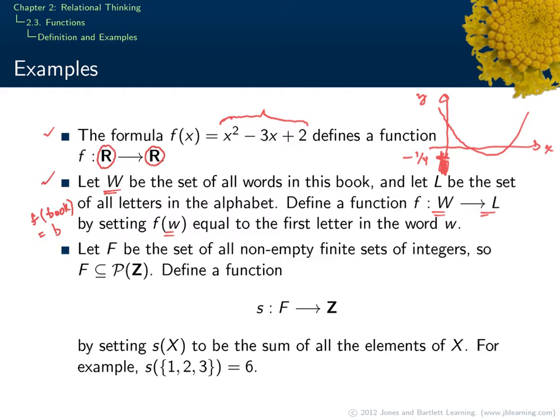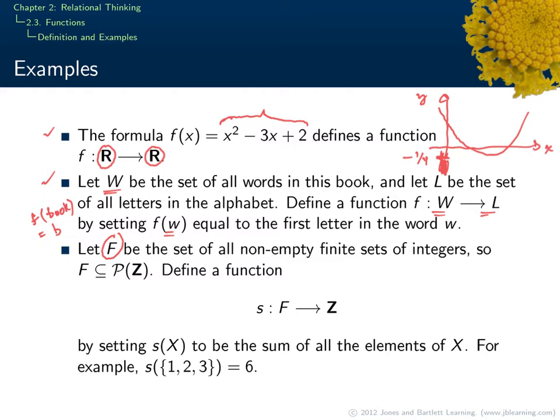All right, now finally, in the third bullet, we have a little more complicated example. Here, F is a set of sets. In particular, it's the set of all non-empty finite sets of integers.